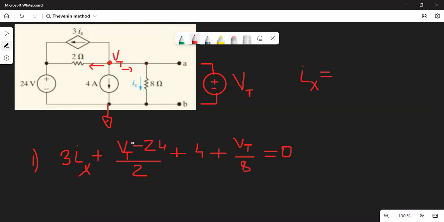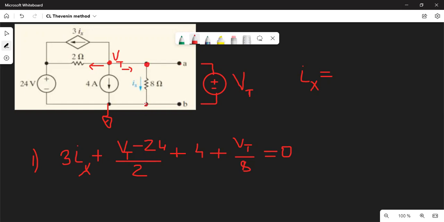So what about the current to the right? It's just Vt over 8. According to the notation here, it's labeled as Ix, which identifies this dependent current source. Ix is just the current between these two points.